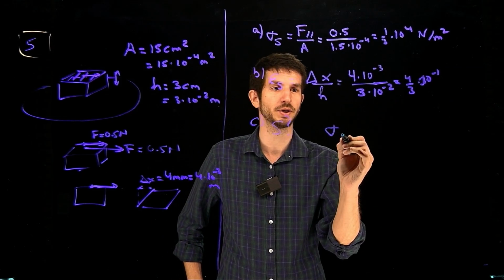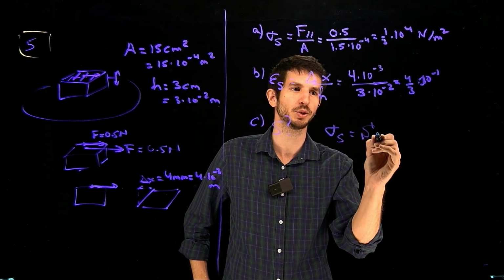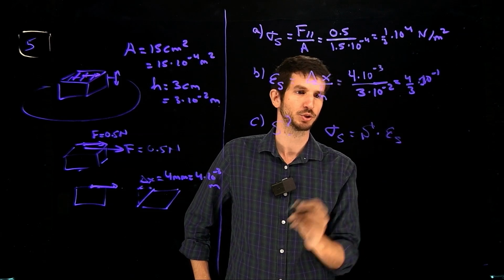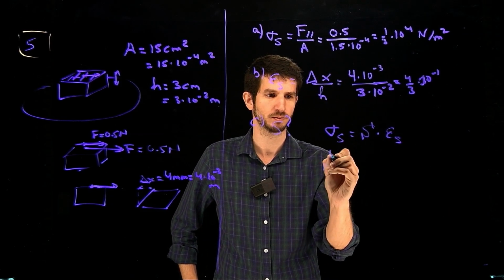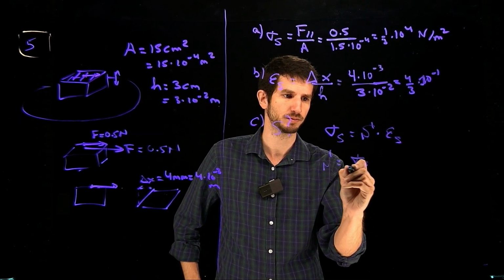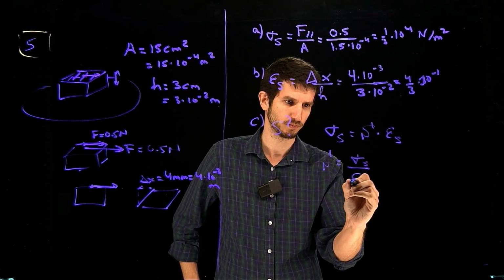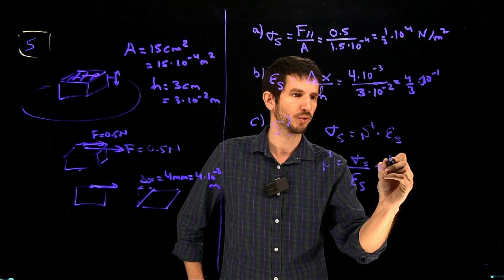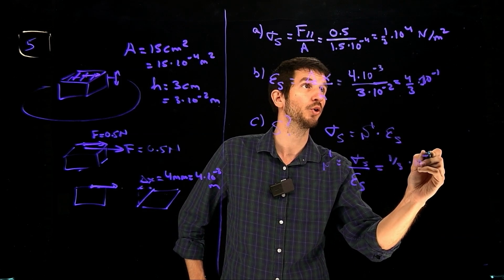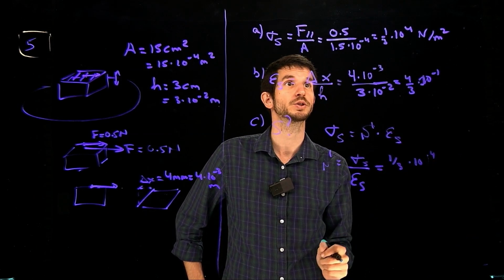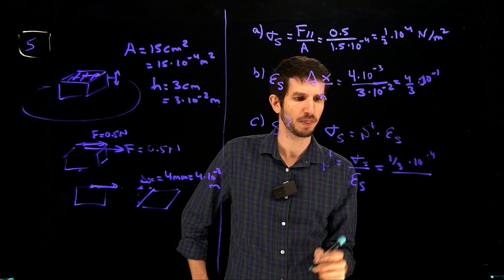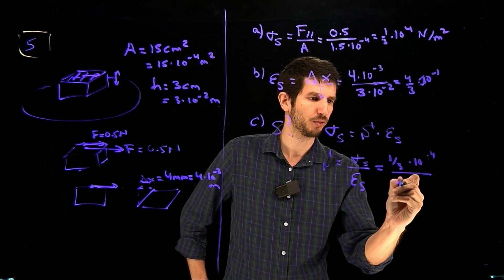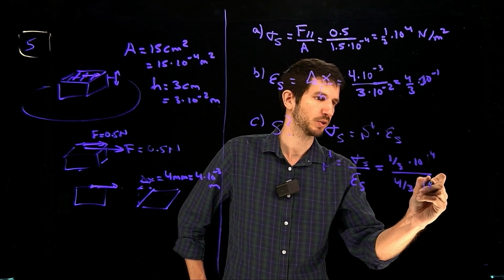Well, that's given by the equation. Shear stress is shear modulus times shear strain. So that means that's going to be 1/3 10 to the 4, divided by 4/3 10 to the minus 1.